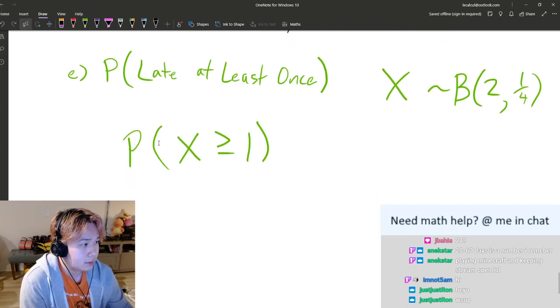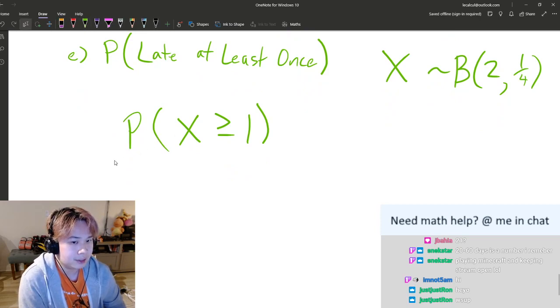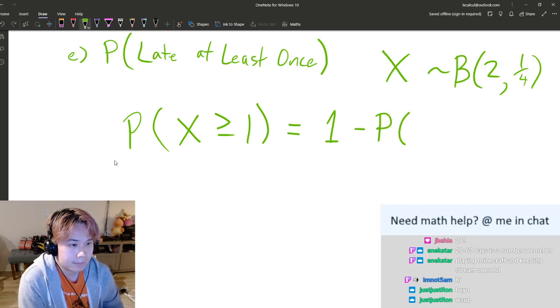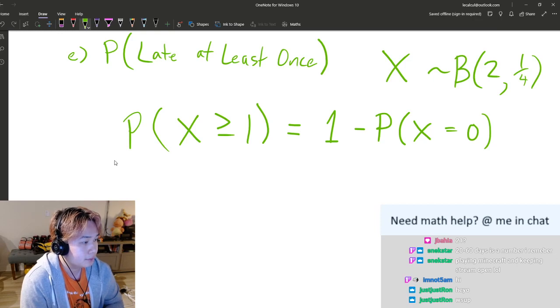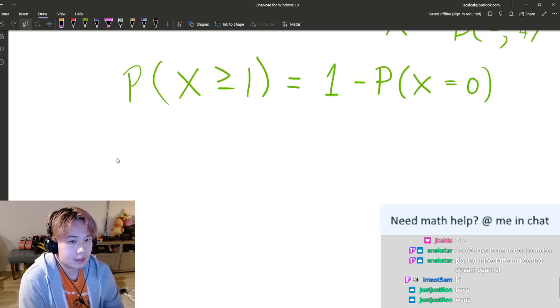Honestly, I probably wouldn't do it this way, but it is something that you can do. Of course, this is a lower boundary, and we need to calculate upper boundaries, at least if you use a TI-83/84. So being late at least once means that it's 1 minus him not being late. This is pretty easy to calculate.